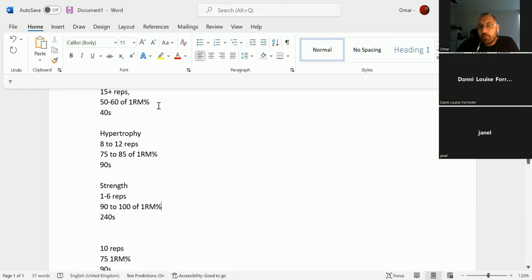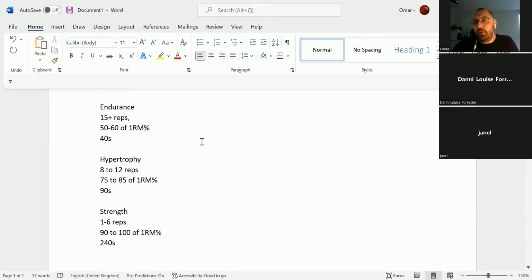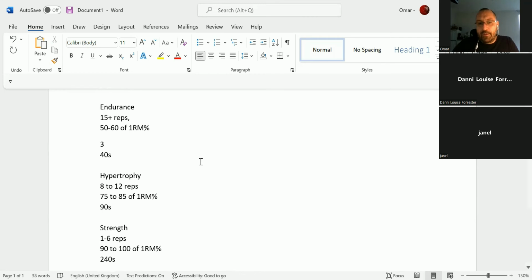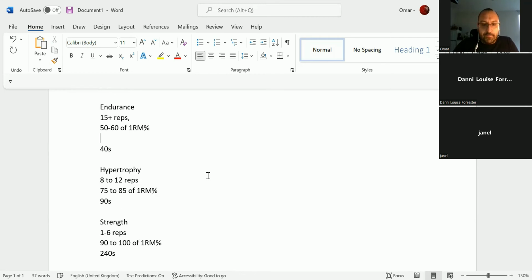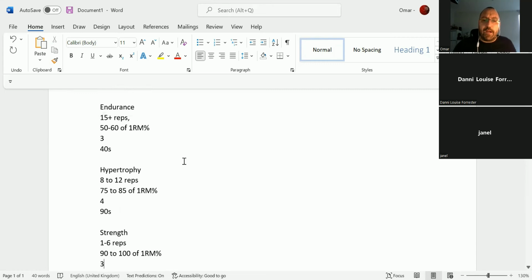You need to add the sets as well, and the sets could be 3 or 4, and they increase the load. So 3 sets would be easier than 4 sets. The sets only increase the load, but they don't really make any difference to the rest.